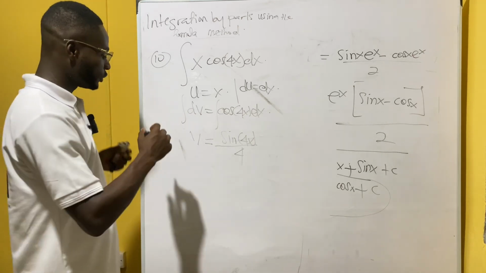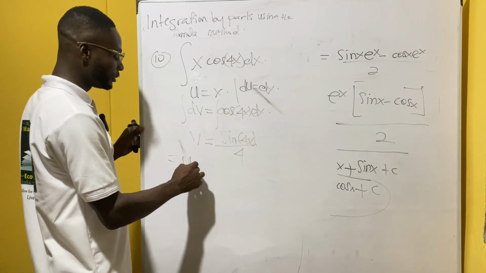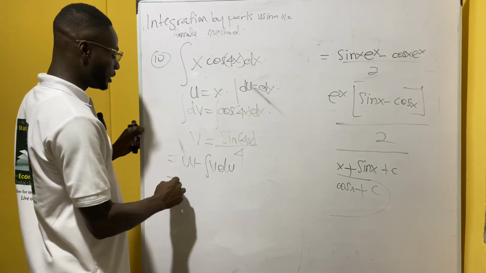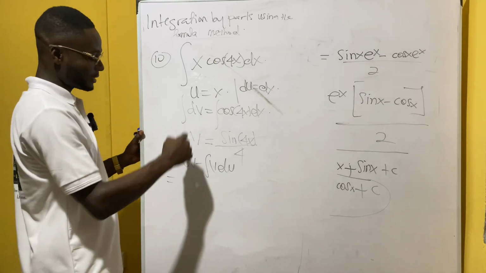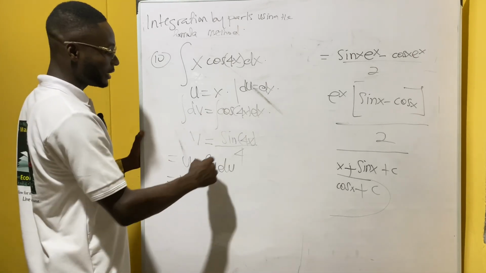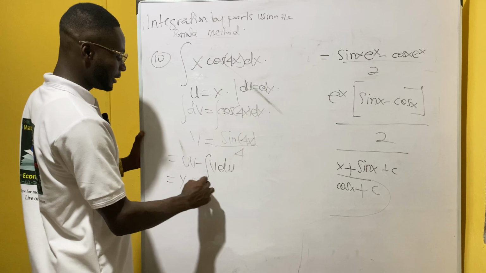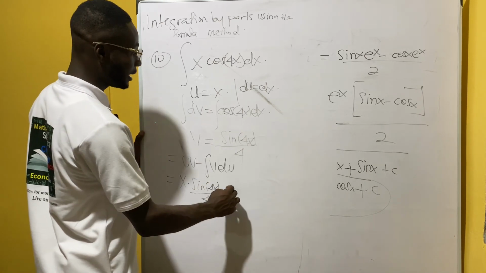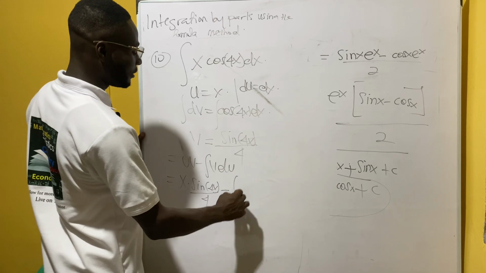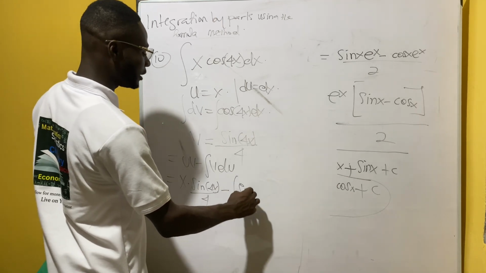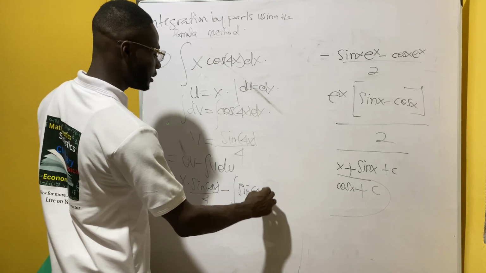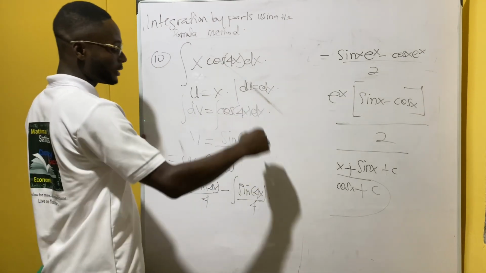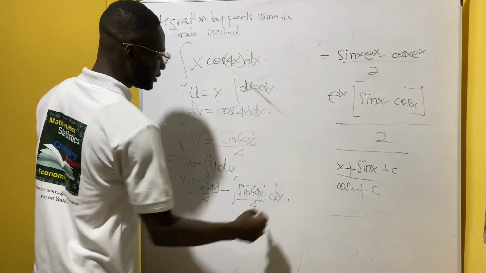So as far as we are done with finding the parameters, all we have to do is to quote the formula. So quoting the formula, you know that uv minus integral of v du will be equal to, our u is x, and our v is sine 4x all on 4, minus the integral of v, sine 4x all on 4, times the du, which is the dx, right?